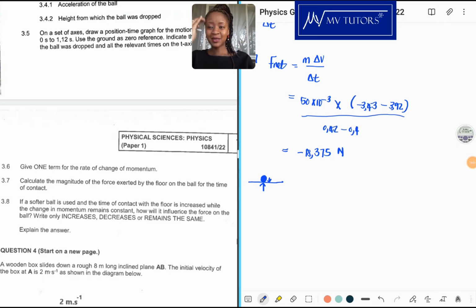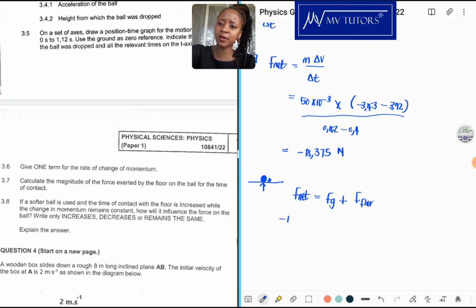But are we done? What we just calculated is the net force. We didn't actually calculate the force exerted by the floor on the ball. So if we were to write our formula, we have our net force, and then we have the force of the ball itself, the weight, and we also have the force of the floor.